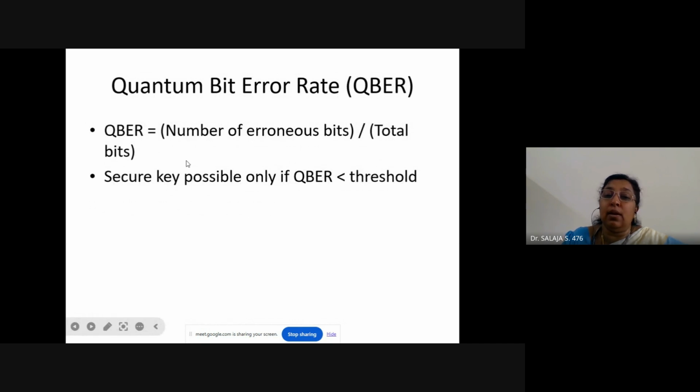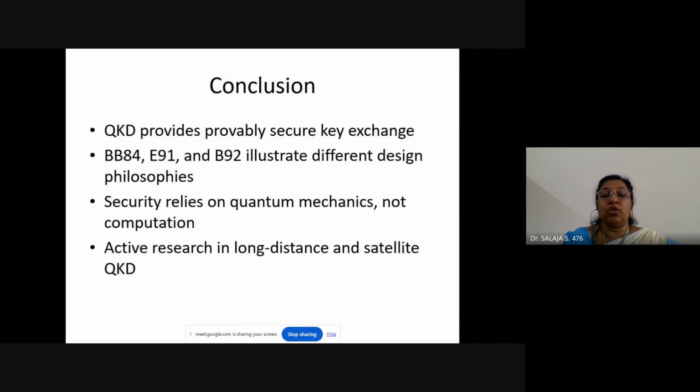Fine. How do I do the performance evaluation? We have some terminology called quantum bit error rate, where we talk about the number of error bits divided by the total number of bits. And your key is secure only if the QBER is less than the defined threshold. Fine. So that's it for your quantum key distribution.